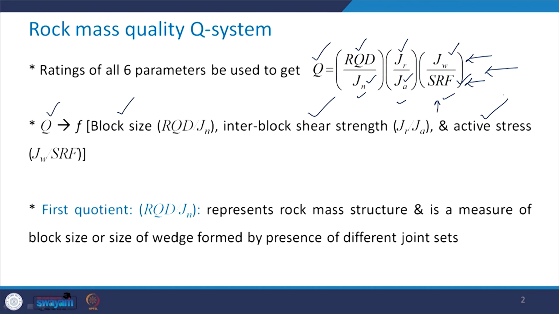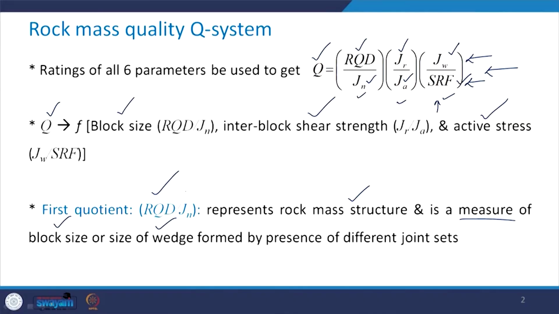Coming back to the first quotient once again, which is defined as RQD upon Jn, it represents the rock mass structure and is a measure of block size or the size of wedge which is formed by the presence of different joint sets. The larger the RQD, the bigger the block size, and therefore this first quotient is representative of the block size.